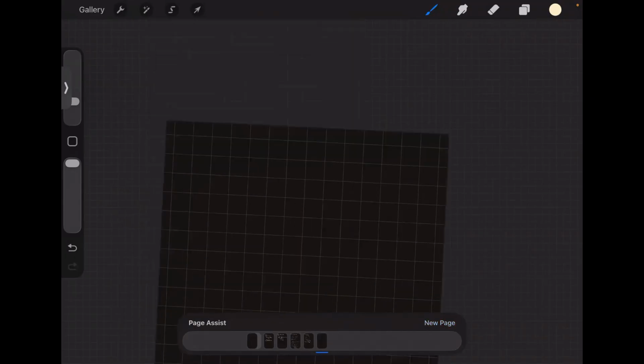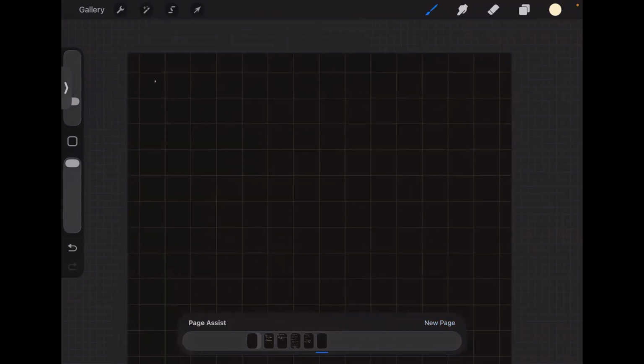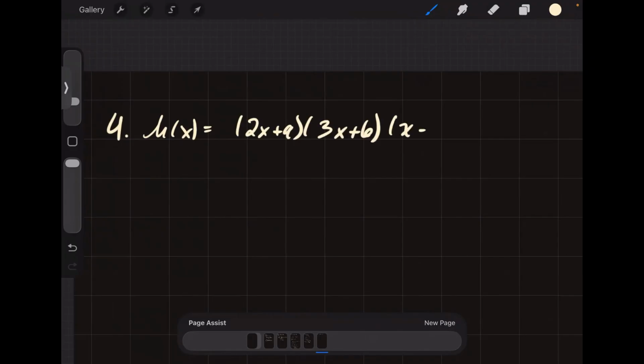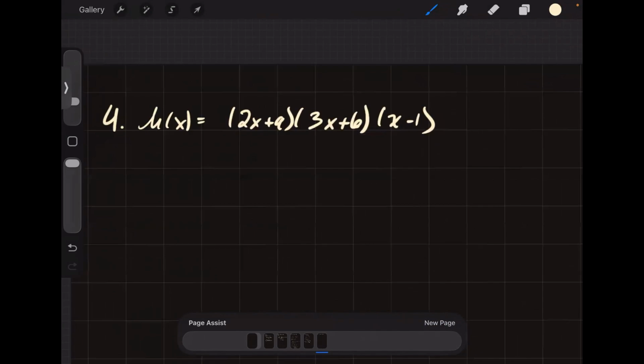One more problem I'm going to show you is problem number 4, which says h of x is equal to 2x plus 9, 3x plus 6, and x minus 1. And I want you to product rule this. Okay? Figure out how you want to write your products, and then we'll come back.